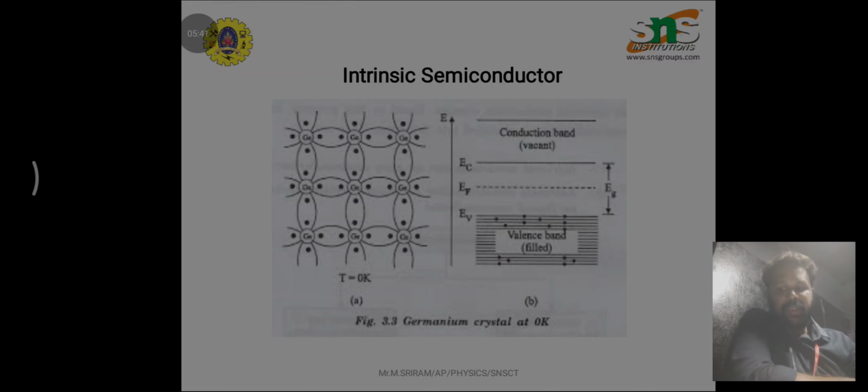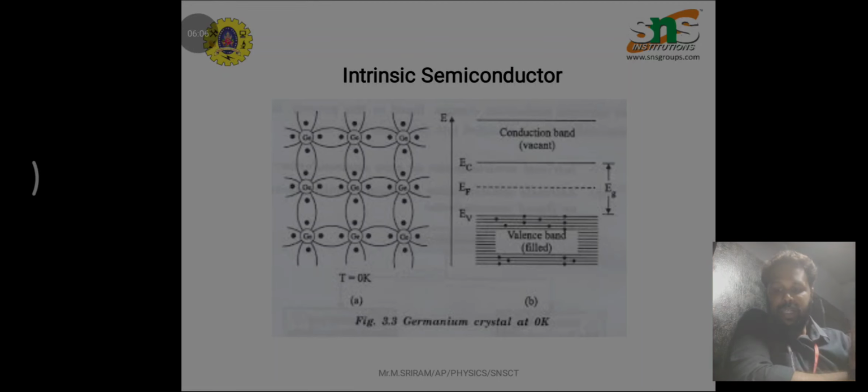Let us consider two germanium atoms brought close to each other. The positive core of one atom interacts with one of the valence electrons of the other atom. Each core attracts an electron from the other atom, and 2 electrons are shared by the 2 atoms.